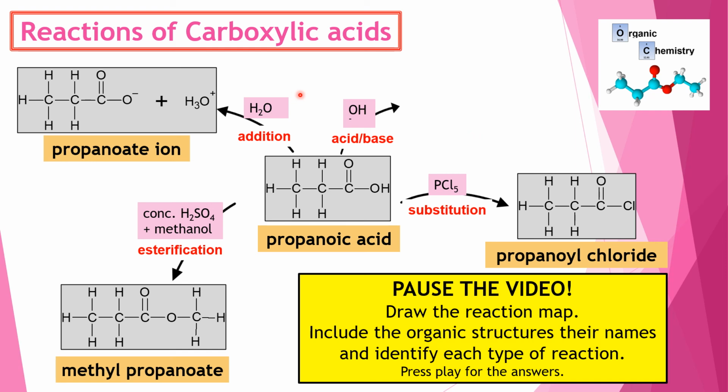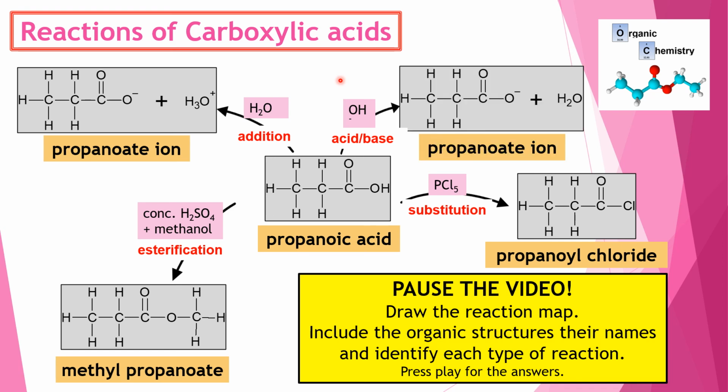If we add water, it dissociates into the propanoate ion and the hydronium ion. And if we add a base, we are going to produce again the propanoate ion, but water this time, so it's neutralizing the acid. So these are the four types of reactions that you need to be familiar with.